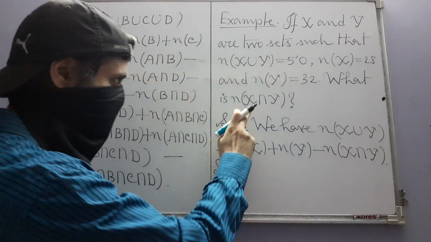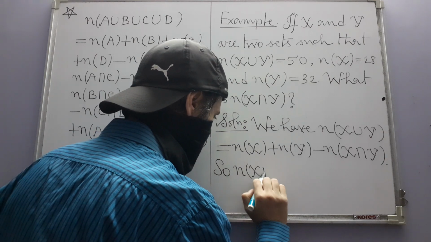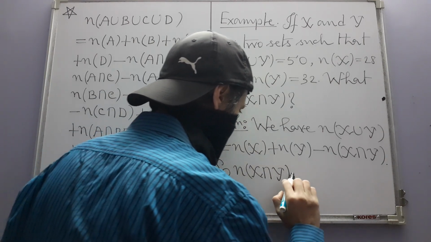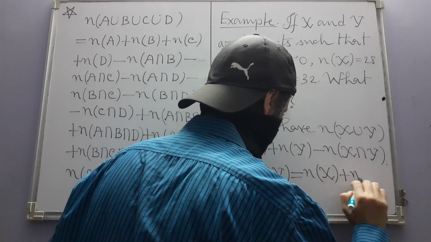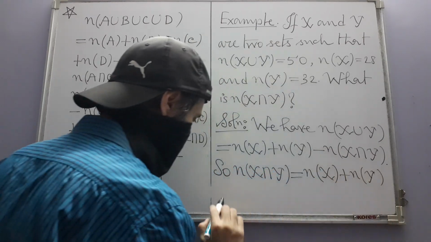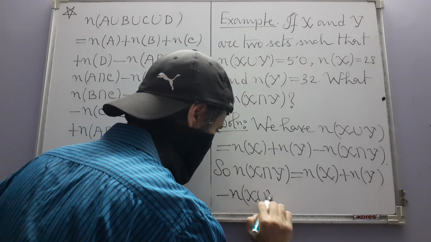But we need n(X intersection Y), so n(X intersection Y) is equal to n(X) plus n(Y) minus n(X union Y).